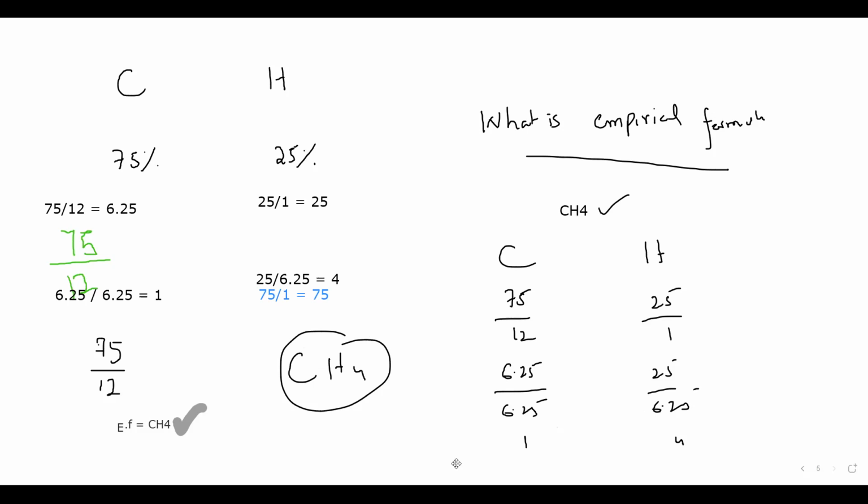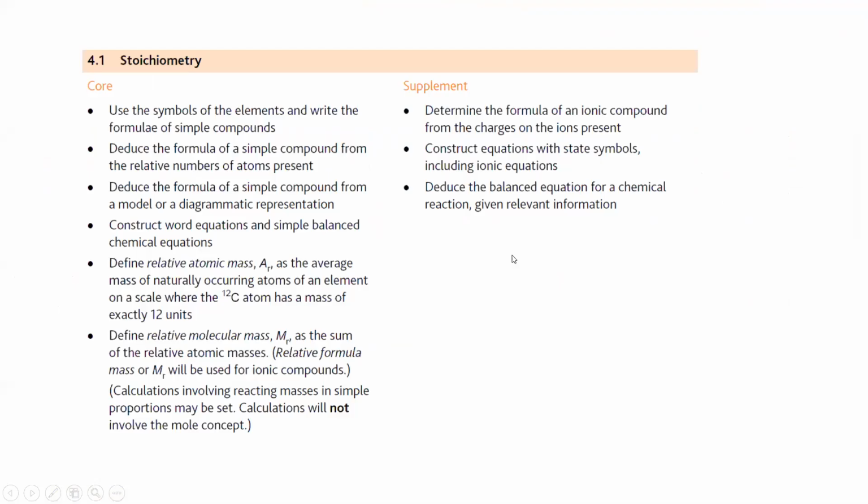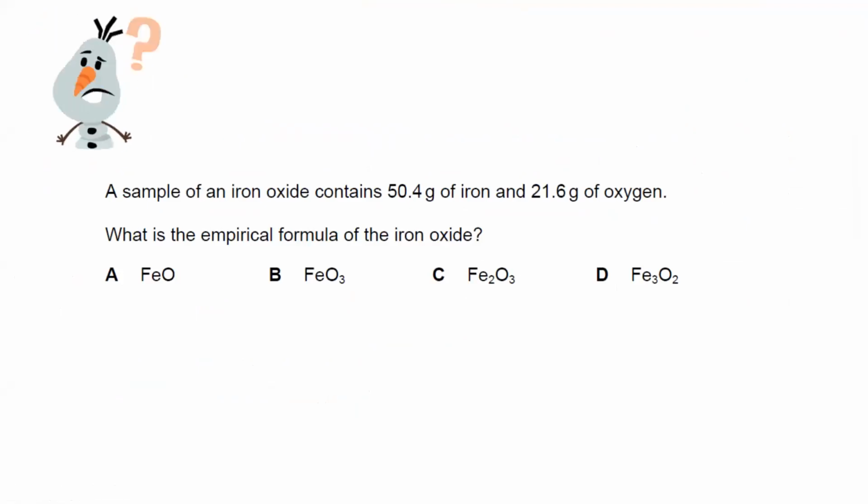Another example: a sample of an iron compound contains 50.4 grams of iron and 21.6 grams of oxygen.